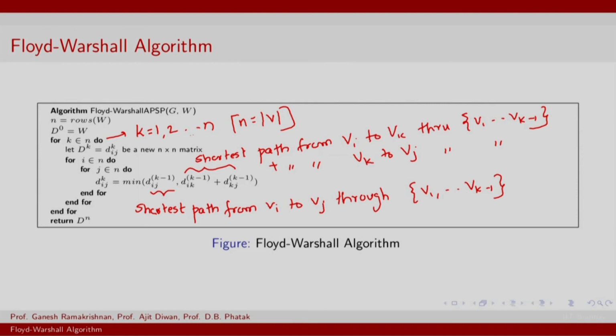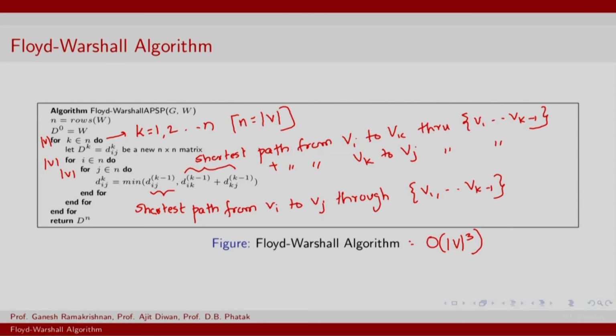So it is basically v into v into v, so each of these is order v. So this is basically an order v cube algorithm.